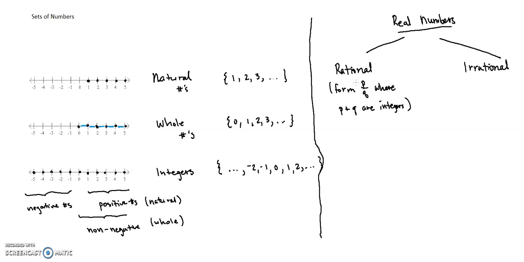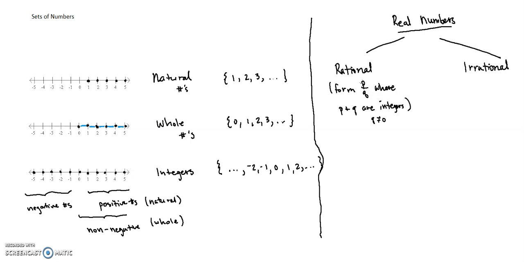So they can be positive, they can be negative. You can even have 0, but you can't have Q equal to 0, of course, because that's not defined. But we could have positive, negative, we could put 0 on the top. So we get all sorts of fractions like 2/3, 1.5, things like that.